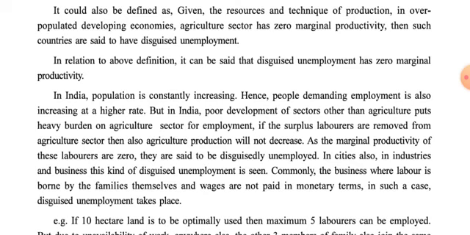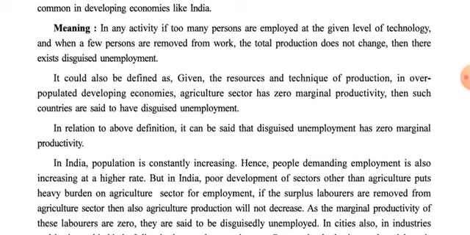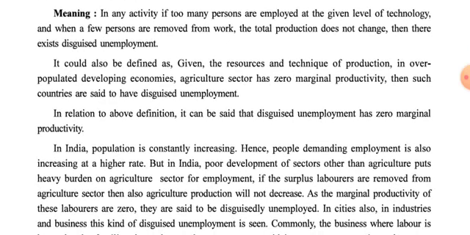In relation to the above definition, that is, in relation to the meaning and the second paragraph which has elaborated this, it can be said that disguised unemployment has zero marginal productivity. Note this statement. It can be asked either in MCQ or in one-liner.